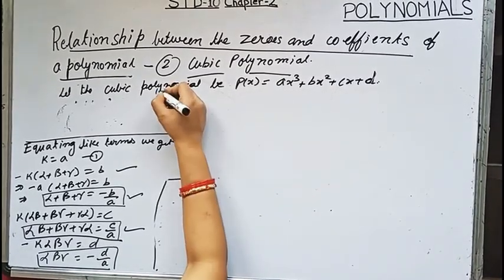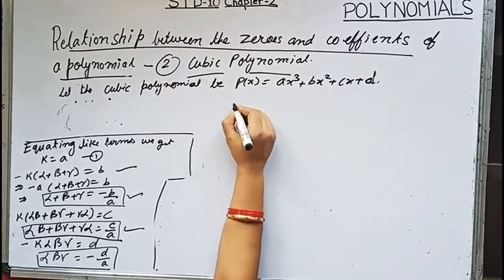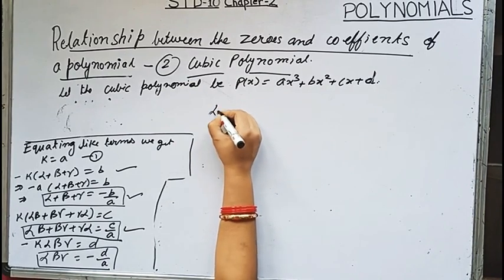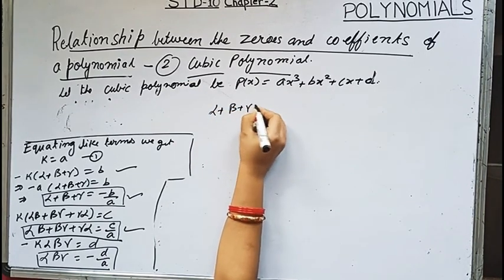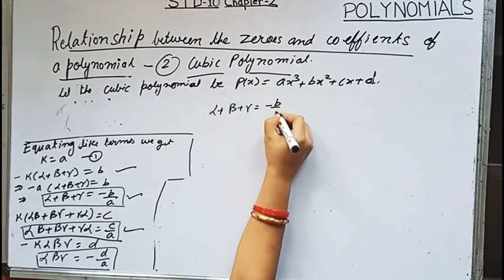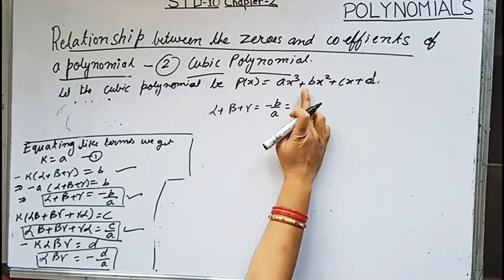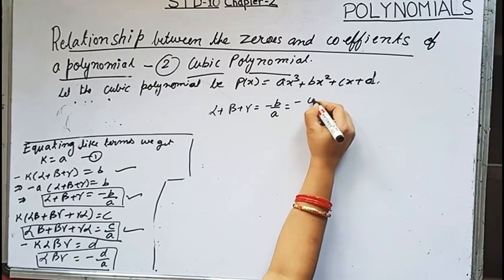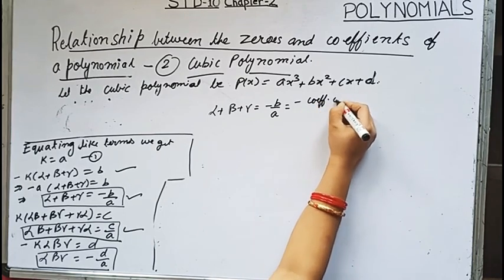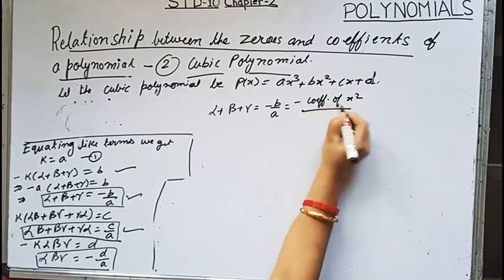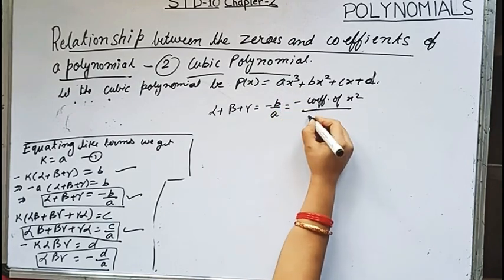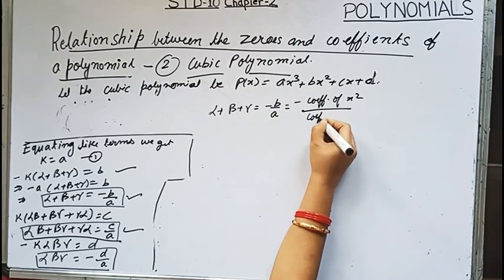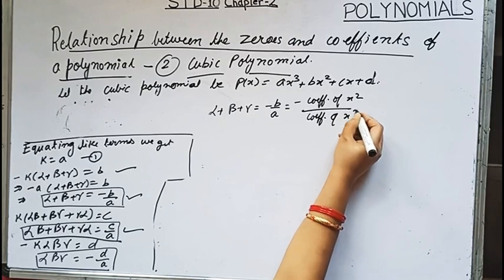So students, we conclude that the sum of the zeros, that is alpha + beta + gamma = minus b by a. Now b is the coefficient attached with x^2, so we can write minus coefficient of x^2 divided by a, which is the coefficient of x^3.